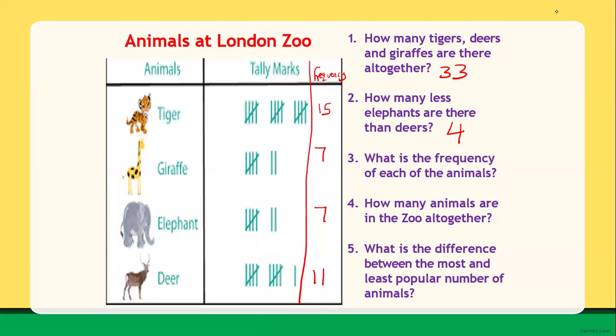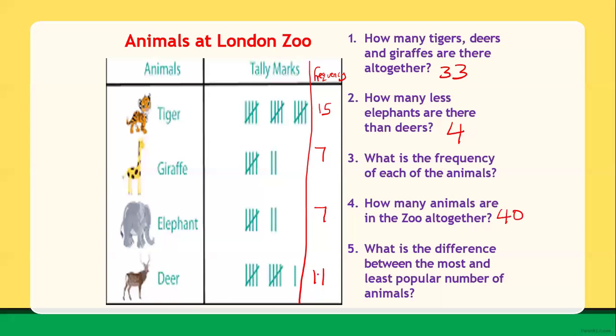Struggling to get Lonnie. We have finished number 3. Number 4, Alisa. Okay, Pat. Number 4, we have 40 animals.